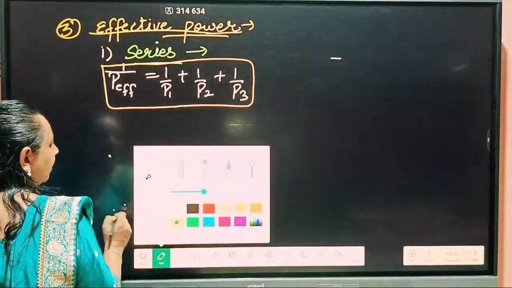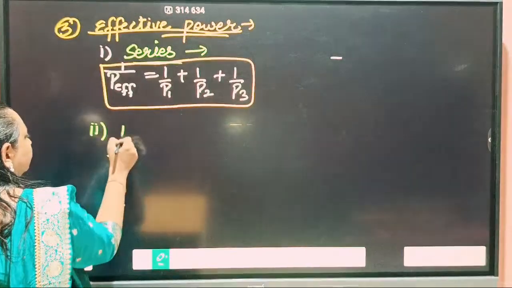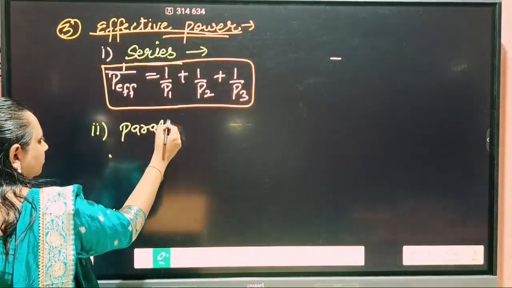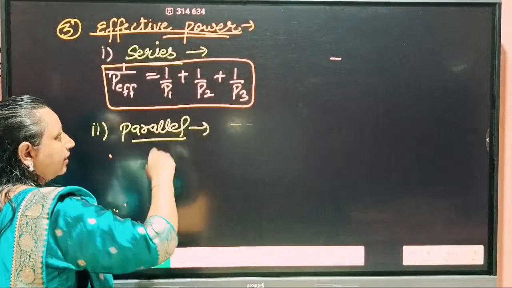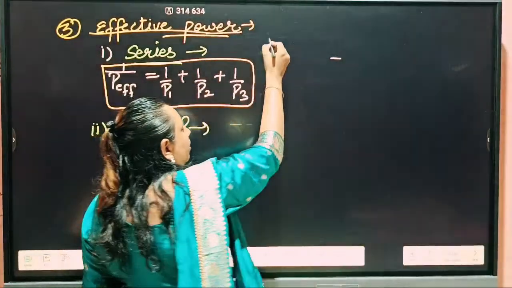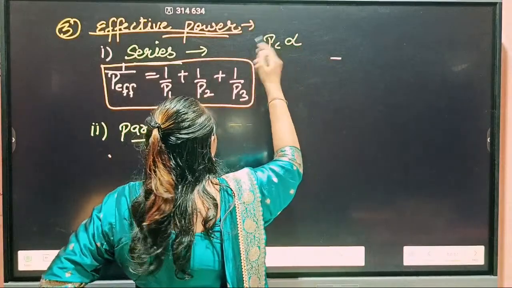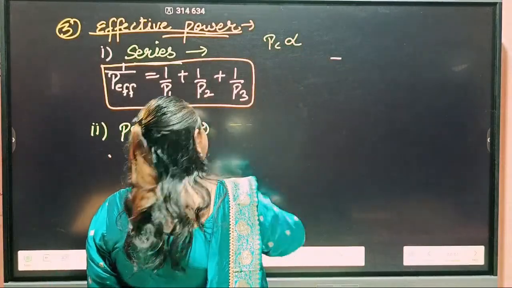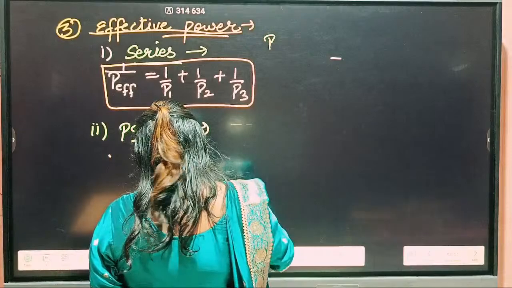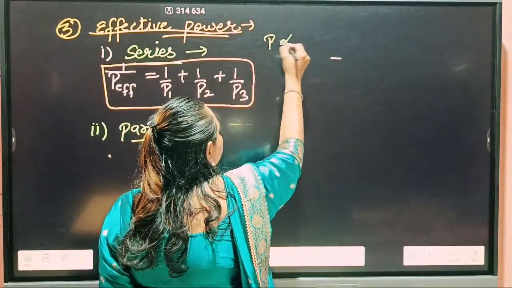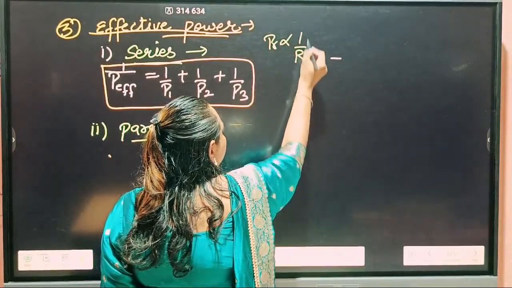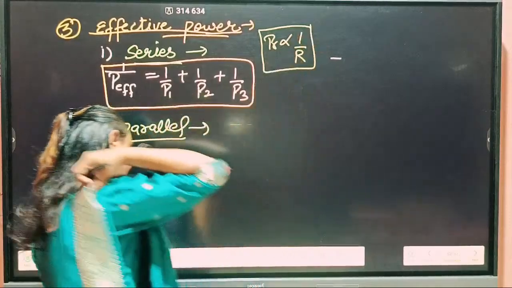Similarly, in parallel combination, you understand how it comes, because power consumed is directly proportional to but the rated power is inversely proportional here. That's why, from there it comes.